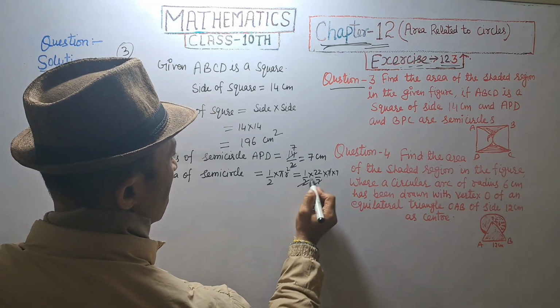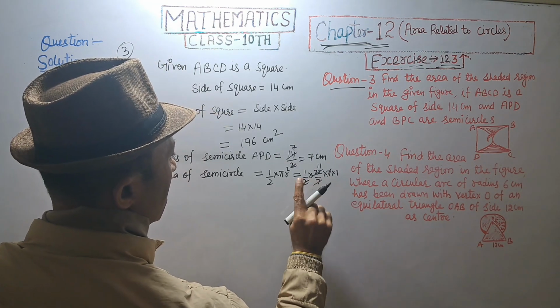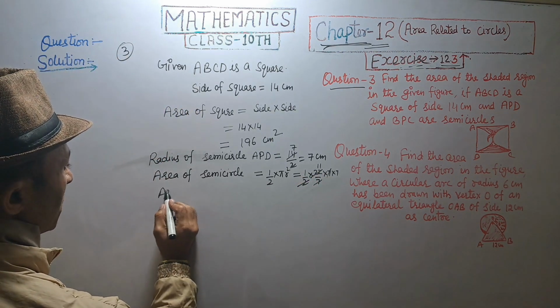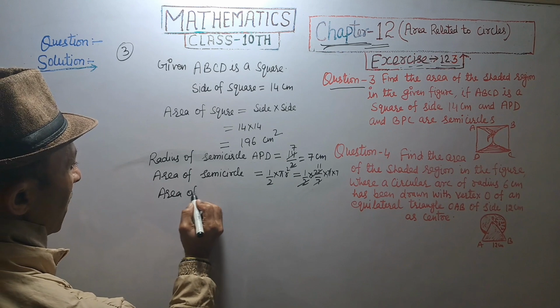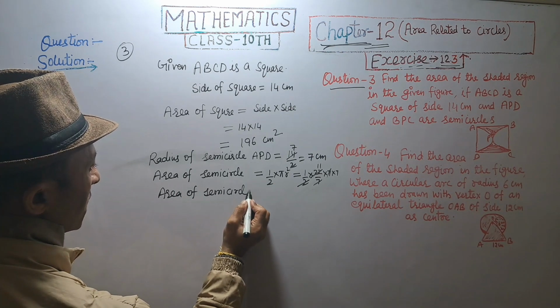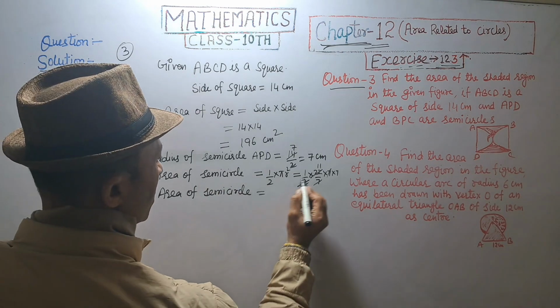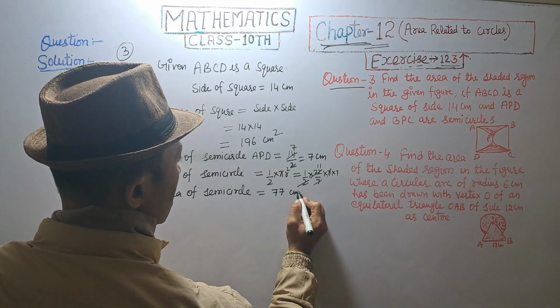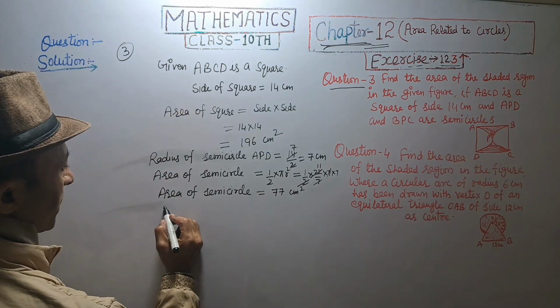This is cancelled and 11 2s are 22. Area of semicircle is equal to 77 centimeter square.